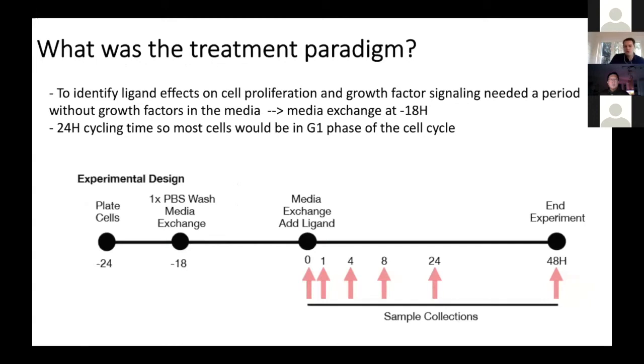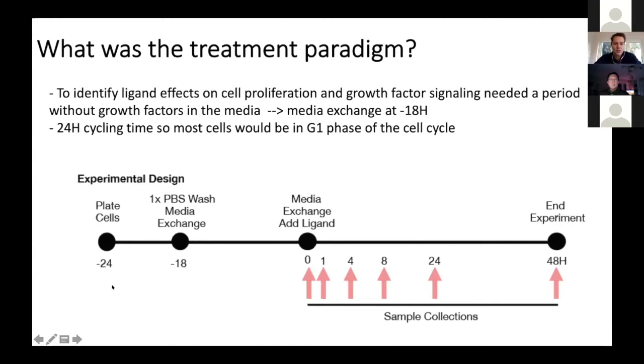In order to make sure that the 0-hour time point and the early time points weren't impacted significantly by the prior behavior of the cells, specifically in growth factor signaling and also in cell proliferation, we did a media exchange. In the actual experiment, we plated cells in full growth media, which we found necessary for the cells to actually attach to the plate.